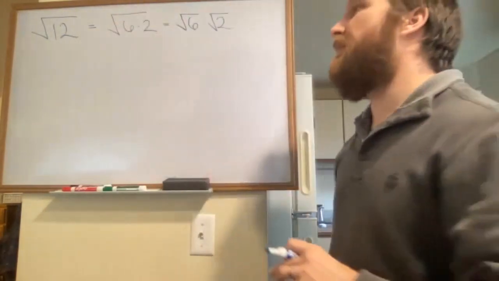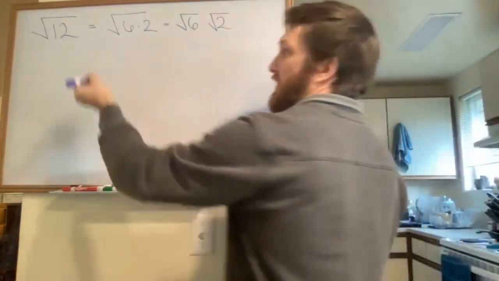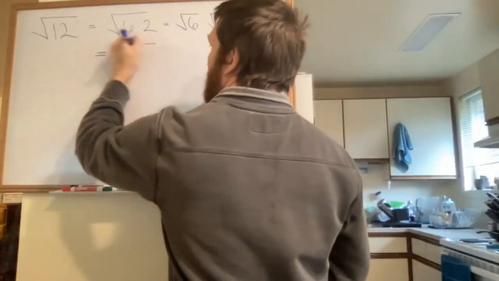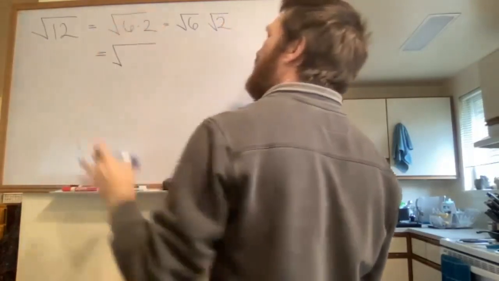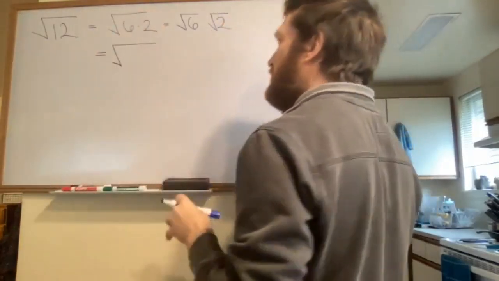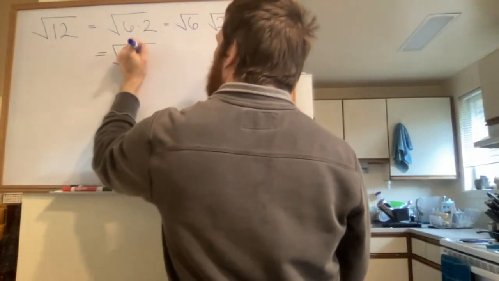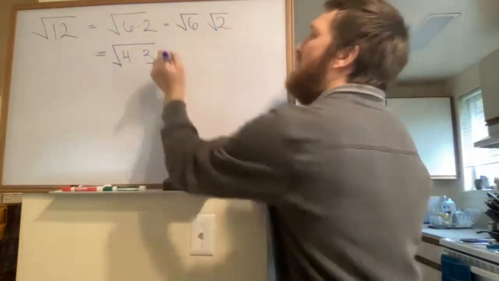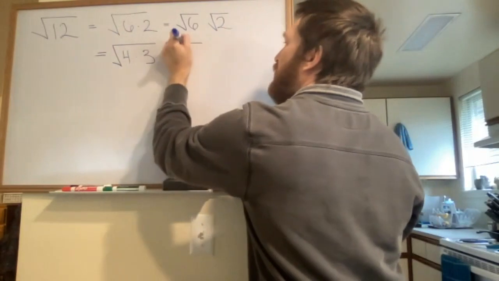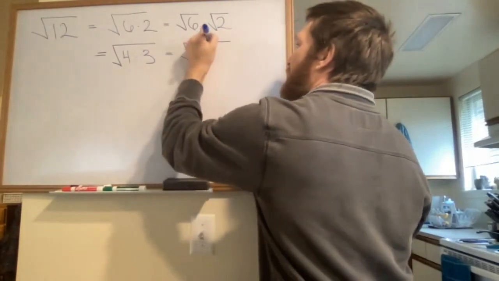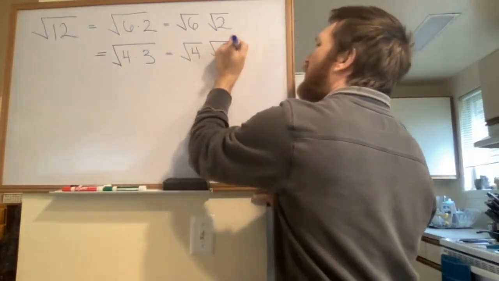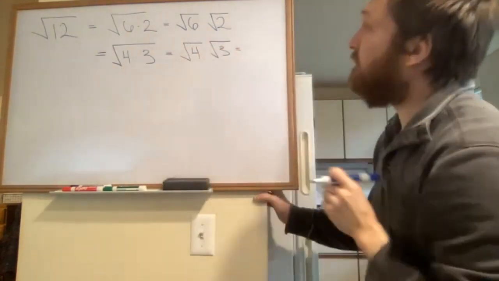There's another way we could have written this. What else is 12 equal to? 3 times 4. And so that comes out to the square root of 4 times the square root of 3. What's the square root of 4? 2.